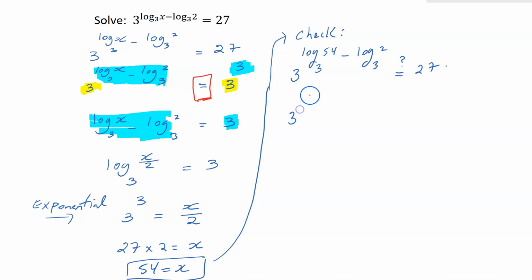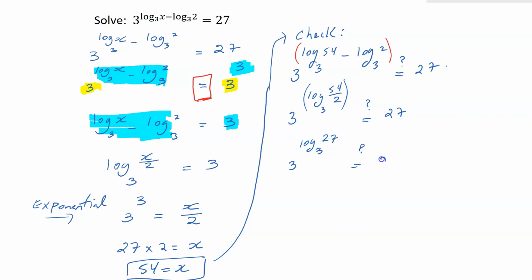This part right here, the top part, we're just going to use the log law. So the top part becomes log of 54 divided by 2 base 3. Is that equal to 27? And now we get 3 to the power of the top part right here, which is log of 27 base 3.